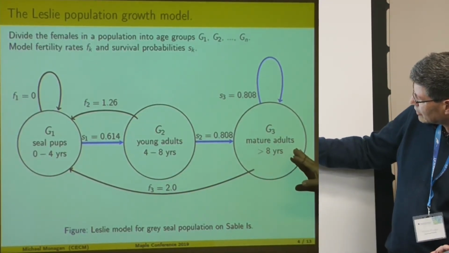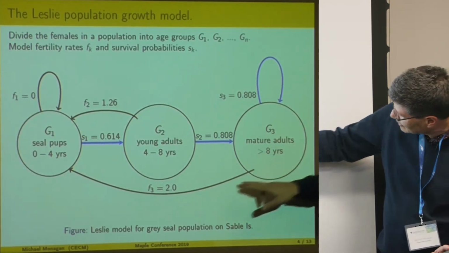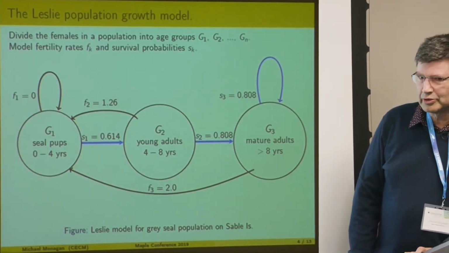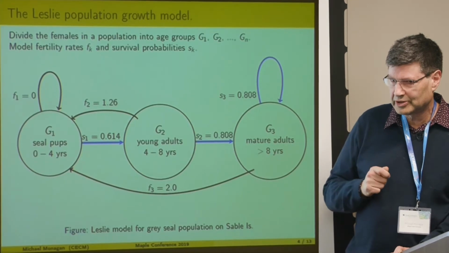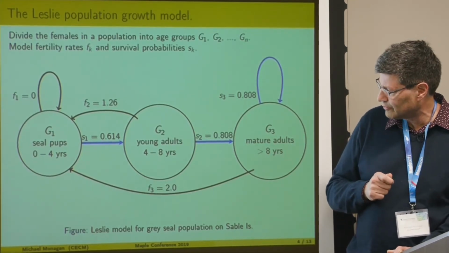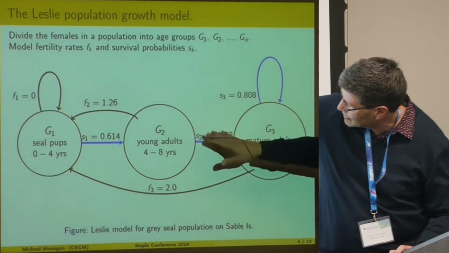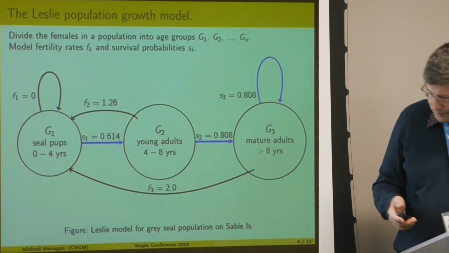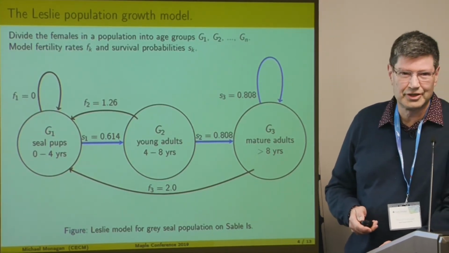The mature adult seals, fertility rate 2. That means 1 baby per year, 1 female baby. It's in 4 years, so 2 female babies per 4 years. And survival rate about the same as this group, 81%. Everyone understand the model? That's it.